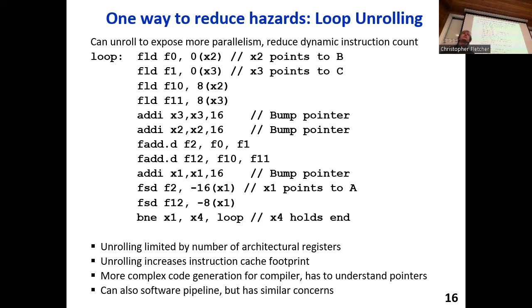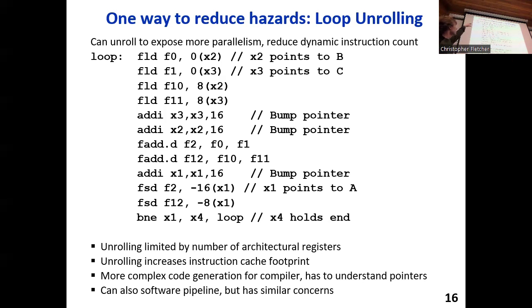What we can do is take the code for the loop body, copy paste it, and execute 2 iterations back to back. Typically when people learn loop unrolling, they learn it in the context of copy pasting the loop, and the cool thing about that is that you only have to do the bump pointer operations once for every super loop iteration.